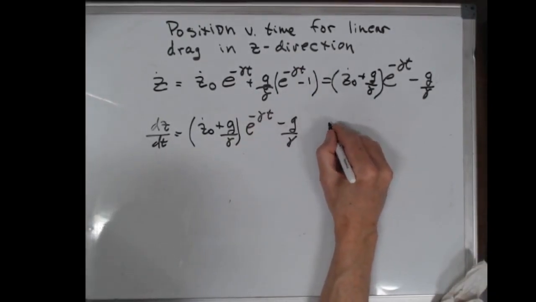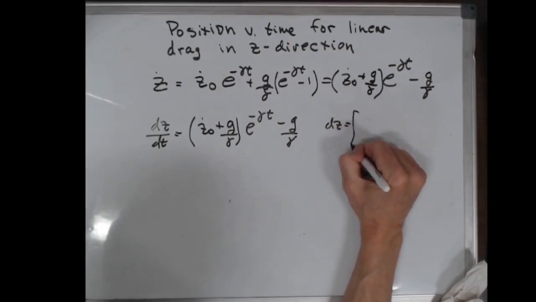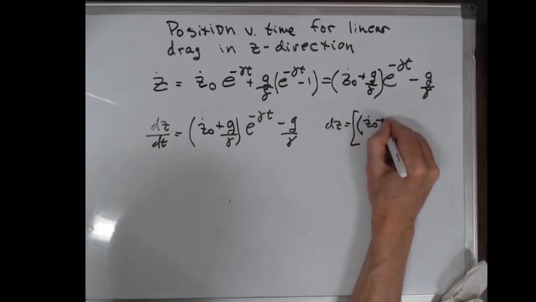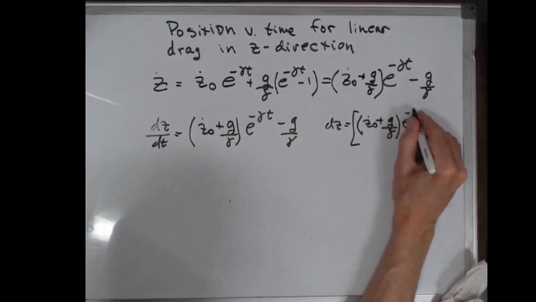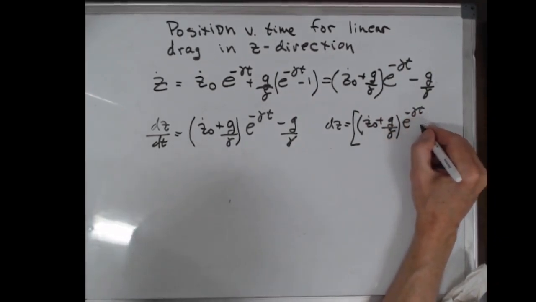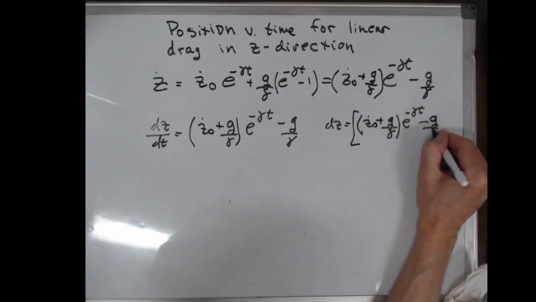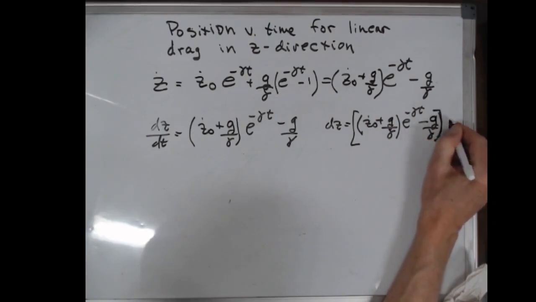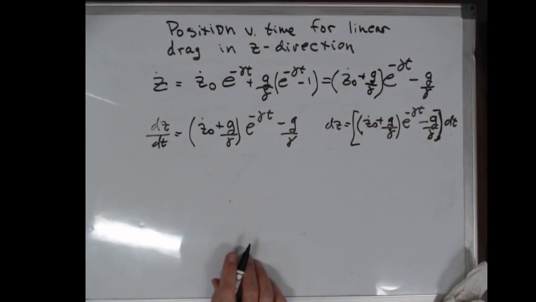And so I can say dz is equal to z dot naught plus g over gamma times e to the minus gamma t minus g over gamma, that should be a square bracket, times dt. Now I've separated variables and I can integrate.